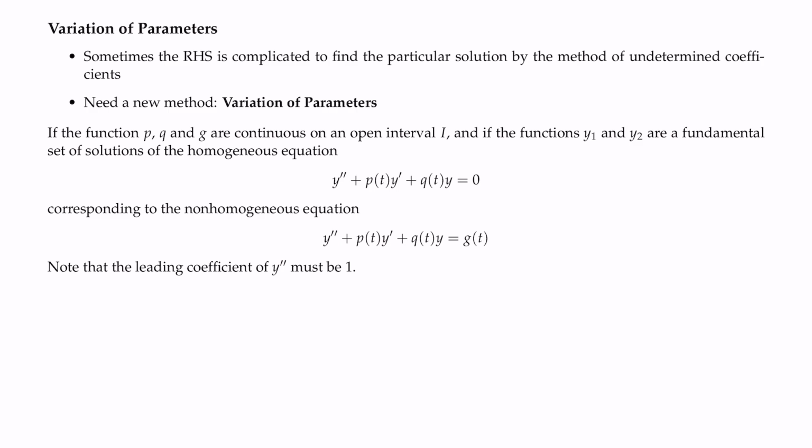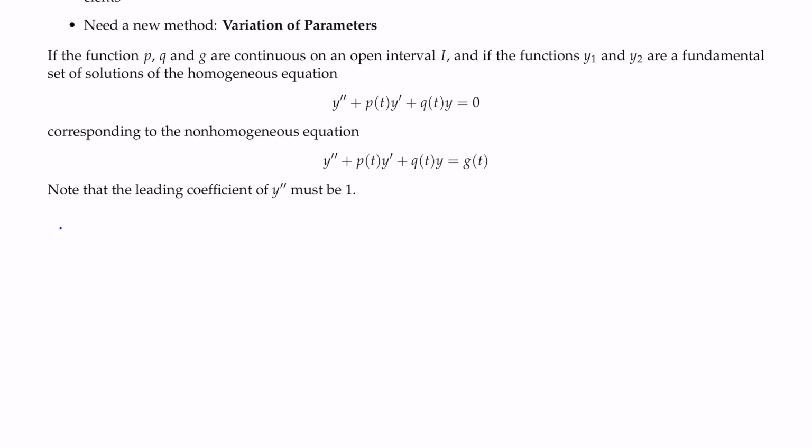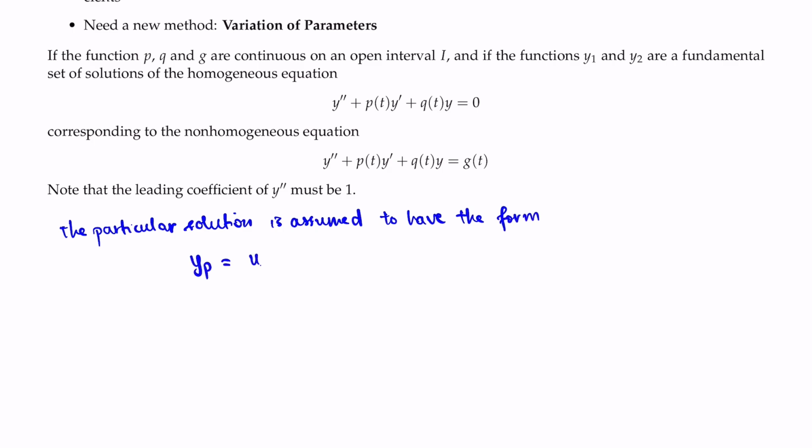That is, the particular solution is assumed to have the form y sub p equal to u1 of t times y1 of t plus u2 of t times y2 of t. Now y1 and y2 are the solutions of the homogeneous equation, and u1 and u2 are functions that will be determined later.